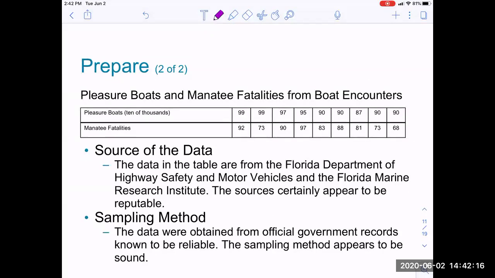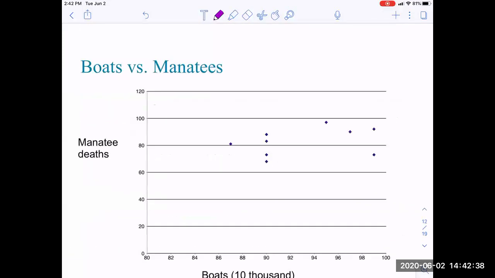Well, what we always want to do when we're presented data, we look at the source, and here, okay, yep, they look to be reputable. Sampling methods, we'll learn more about sampling, but there's good sampling and bad sampling. This looks like it's reliable, so we're okay to go. And now, this is part of preparing and analyzing. We made a graph because the table was really hard to read.